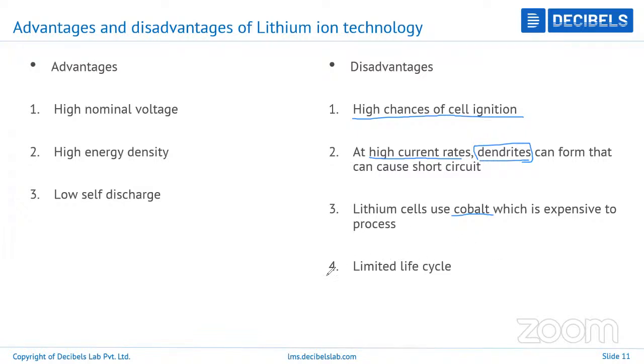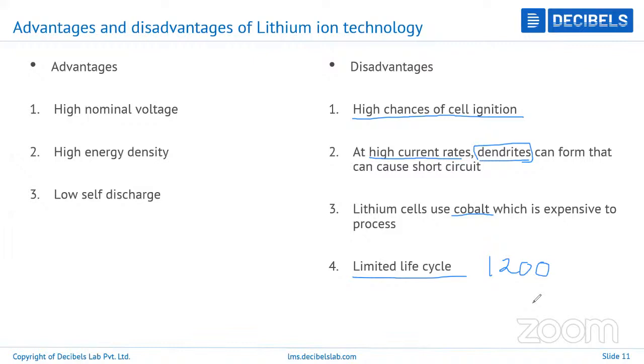Apart from that, we also have a limited life cycle. Even though I did mention that it has 2 to 3,000 life cycles, if you were to use the cell incorrectly, or abuse the cell, it would drop even lower to about 1,200 cycles. As I said, 2,000 life cycles is probably what you'd get if you used the cell in very good conditions.